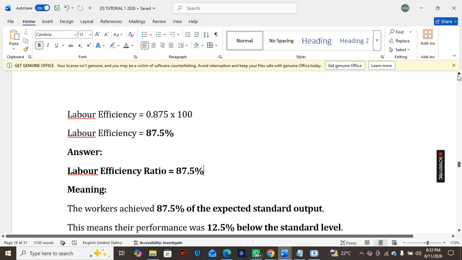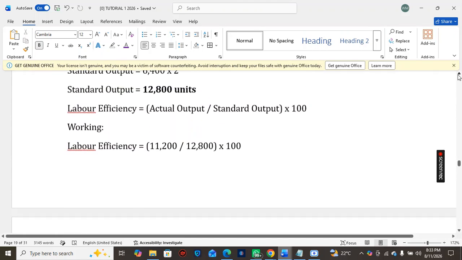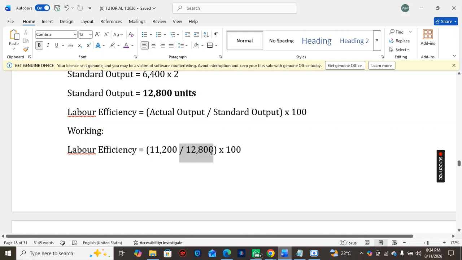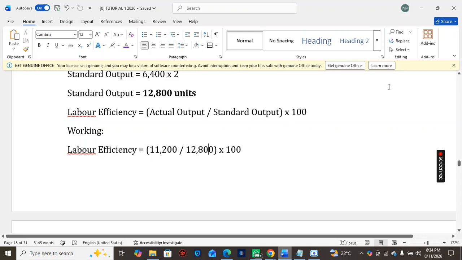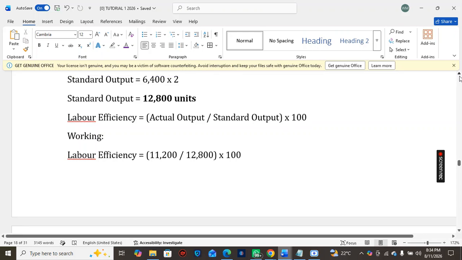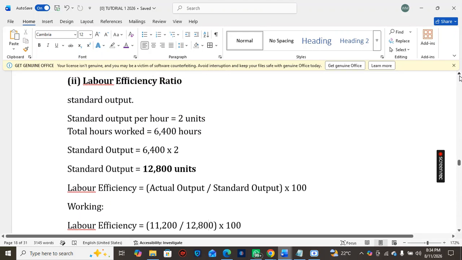Yes, that's the expected units we were supposed to produce, the standard output. Wait, where's the 5,600 coming from?